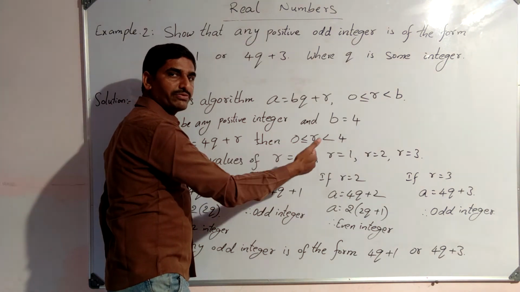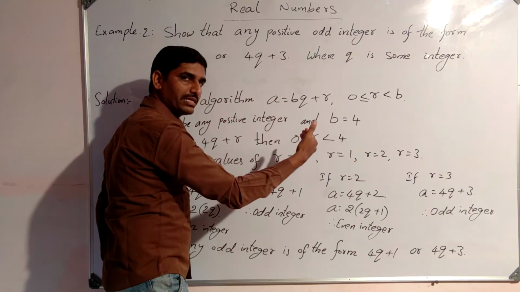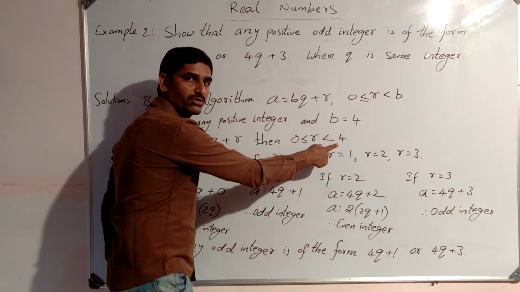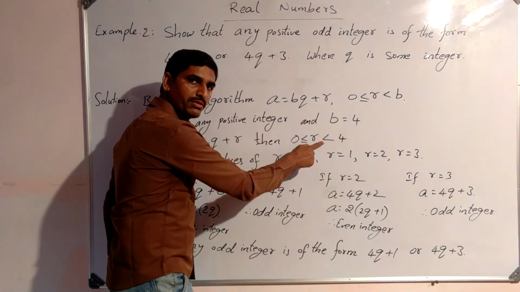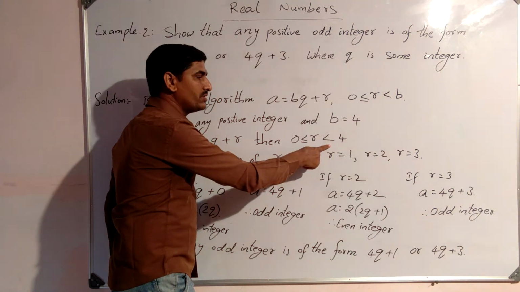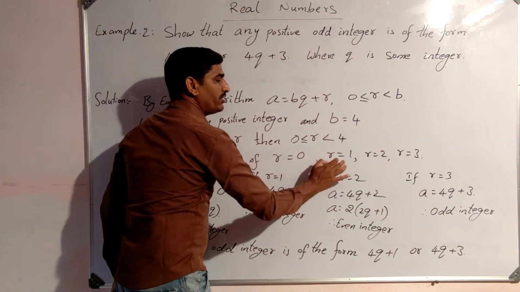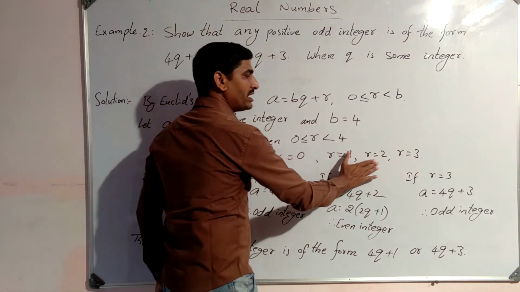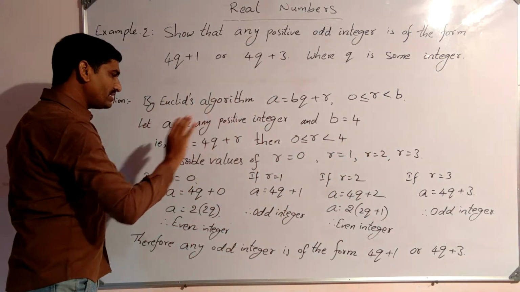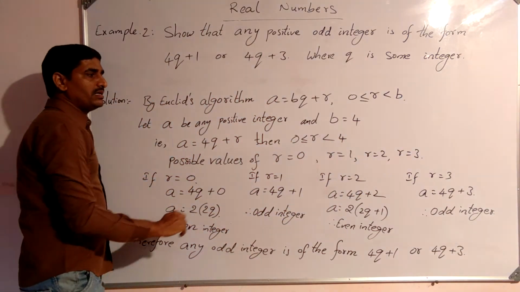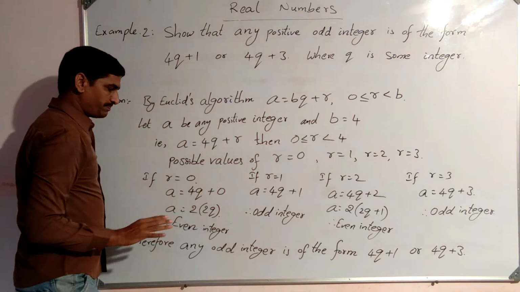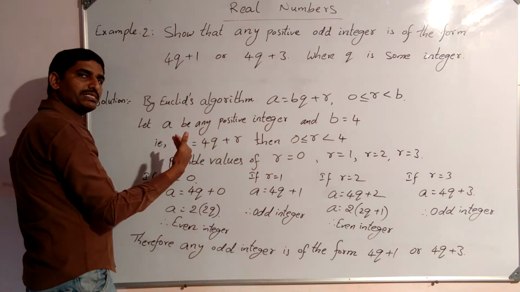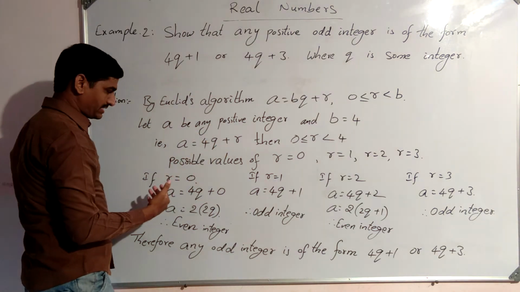Next 1, next 2, next 3, but up to 4, there is no equal to, so we do not take 4. So up to 3 only: r equal to 0, r equal to 1, r equal to 2, r equal to 3. These are the 4 possibilities, but we do not take r as 4, because the condition is less than 4, which means we get positive integers up to 3 only.